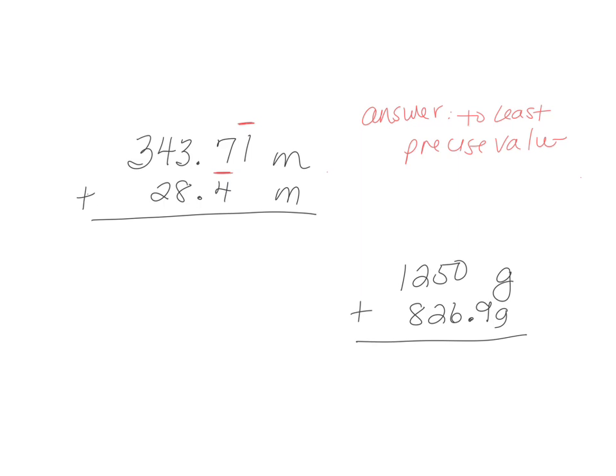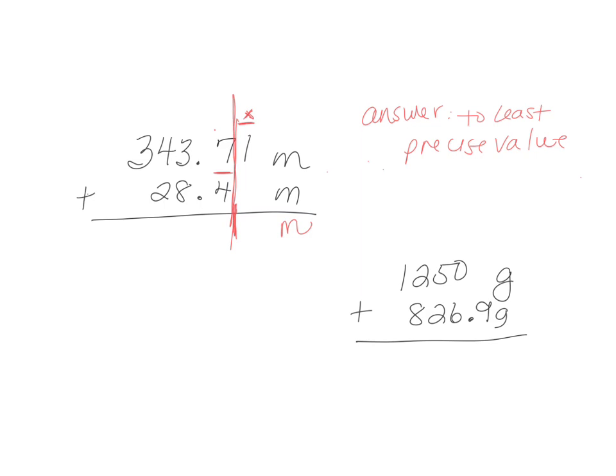So our second value is only precise to the tenths place. So our answer, when we get it, will only be precise to the tenths place. So you bring down your unit because that doesn't change. So we're going to need to stop at this point with our adding. What you do is just like what we were doing yesterday and the day before.